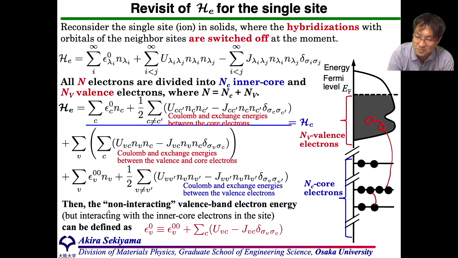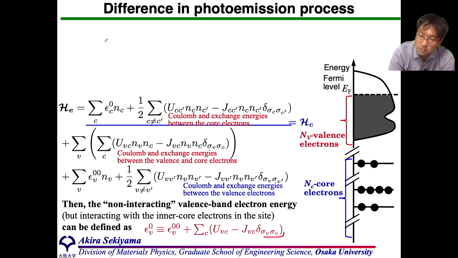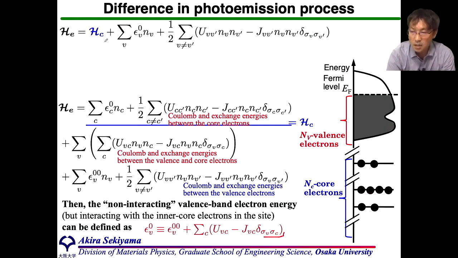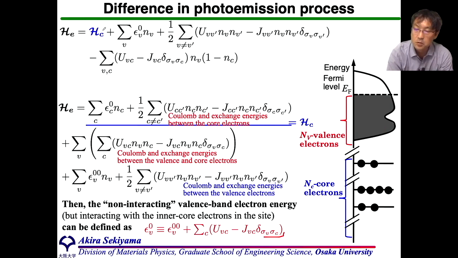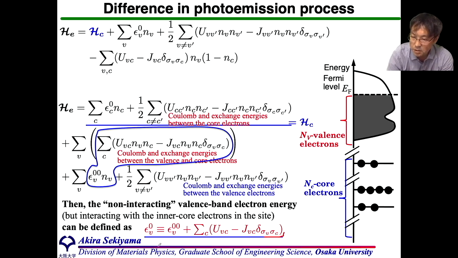This is realistic. Then we can rewrite the total electron Hamiltonian as this formula. Here we redefine the valence electron energy, considering the interaction with the inner core electron, as this one.